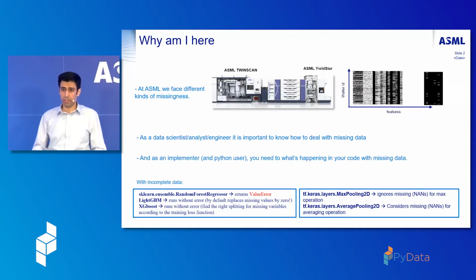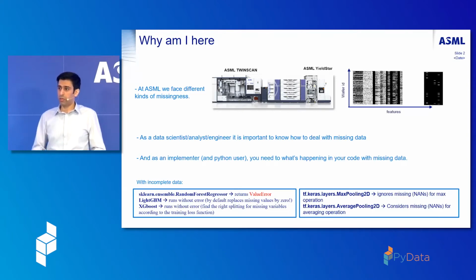These packages actually work totally differently towards missing data. One of them, the scikit-learn one, returns an error. It doesn't work with missing data. Of the other two, light gradient boosting by default replaces 0 by missing values, which I would say is not really smart. And the last one, extreme gradient boosting, does something fairly smart but ad hoc to its own structure.